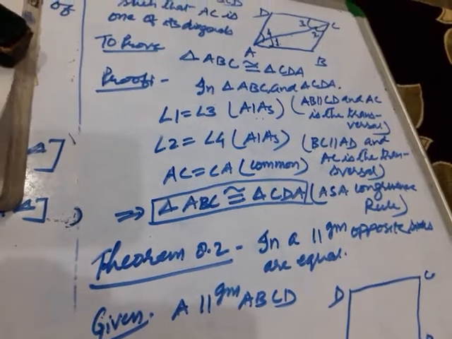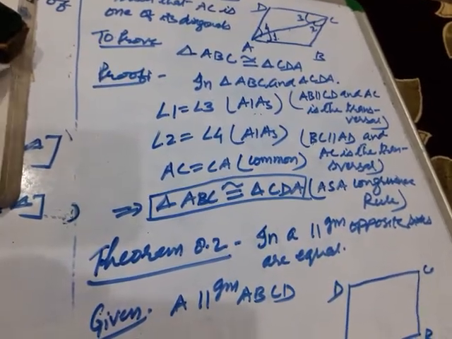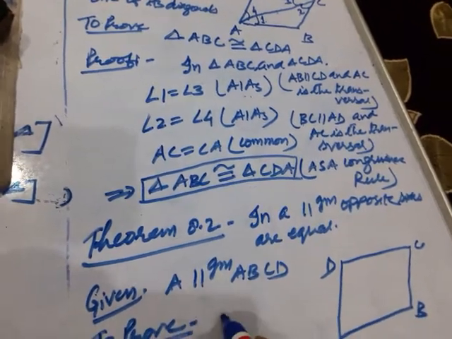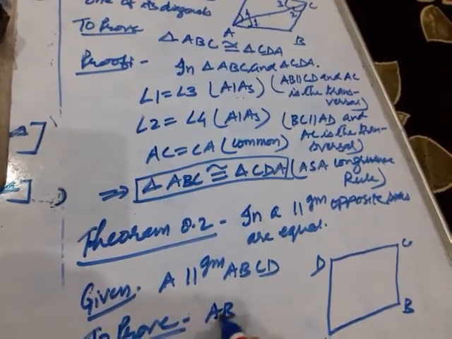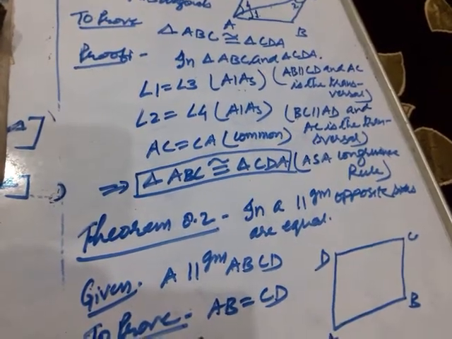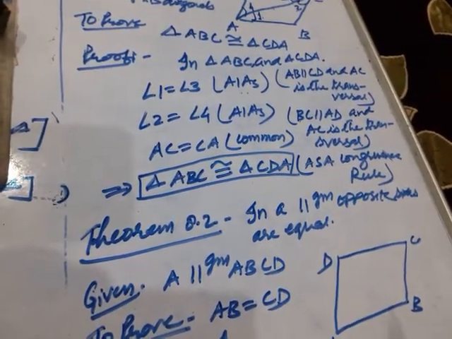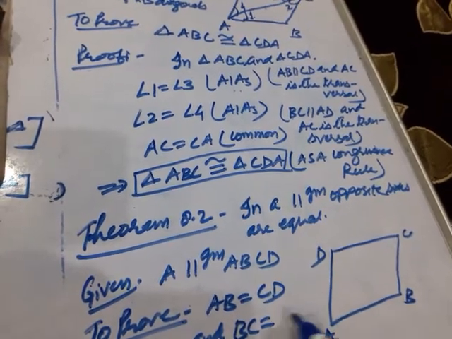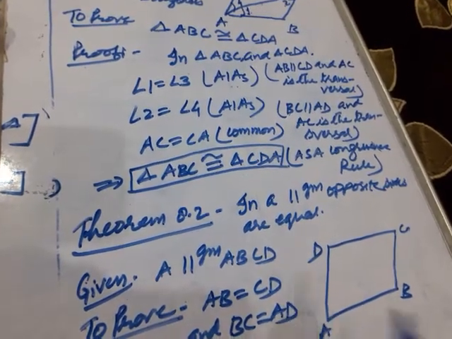To prove, what we have to prove? Opposite sides are equal, that is AB equals CD and BC equals AD. This much we have to prove, children.